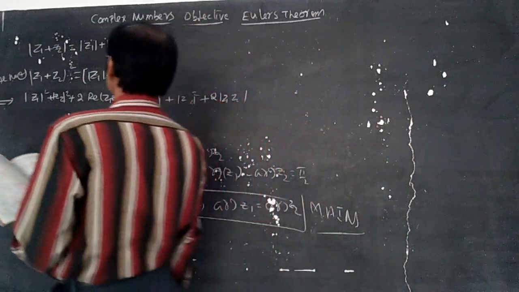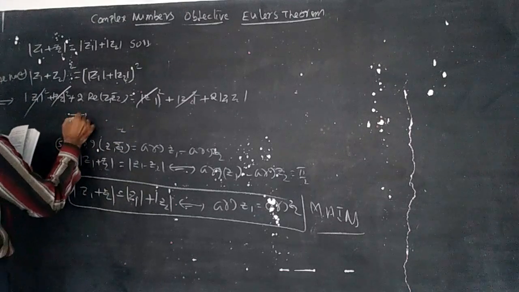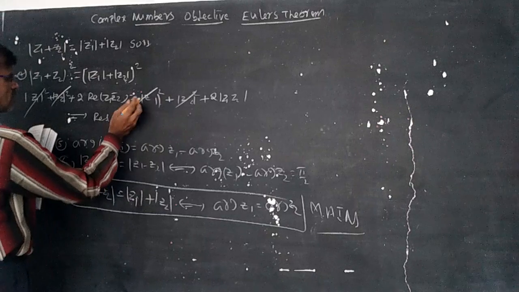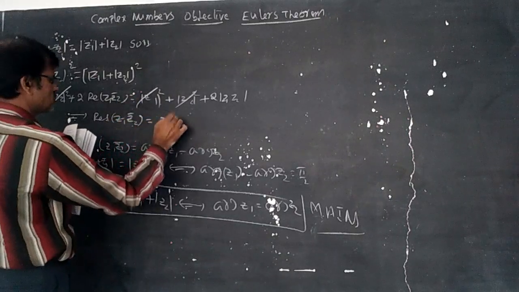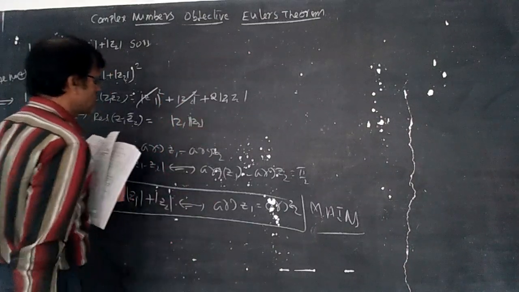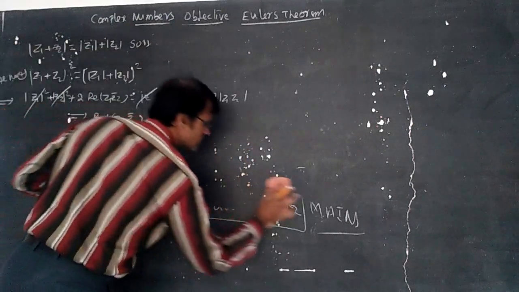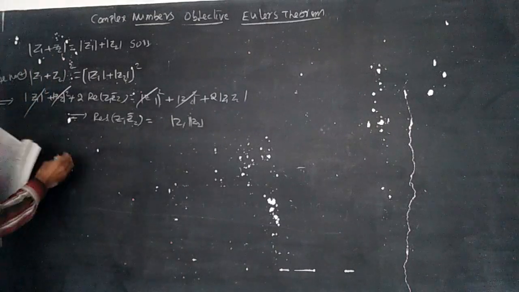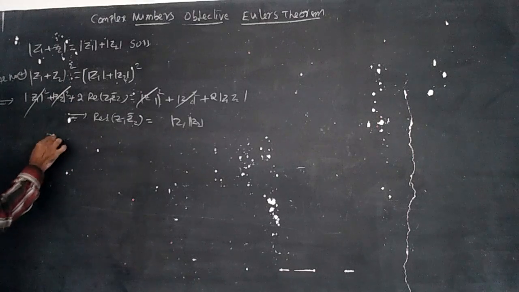Modulus of Z1 Z2 is modulus Z1 into modulus Z2, so the squares get cancelled, 2 gets cancelled, real of Z1 Z2 bar. Modulus of Z1 Z2 is equal to modulus of Z1 into modulus of Z2. So real Z1 Z2 bar meaning, what is the value of Z1 here?